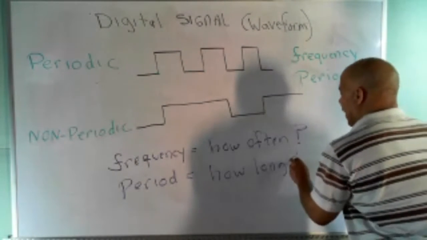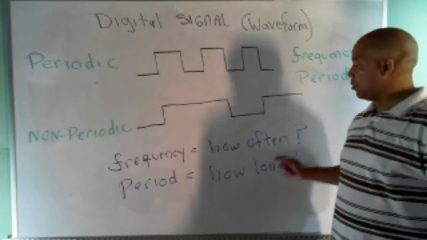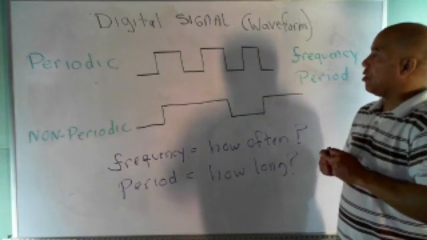How often and how long? How long does it take for one repetition? So frequency and period are important for a periodic waveform.